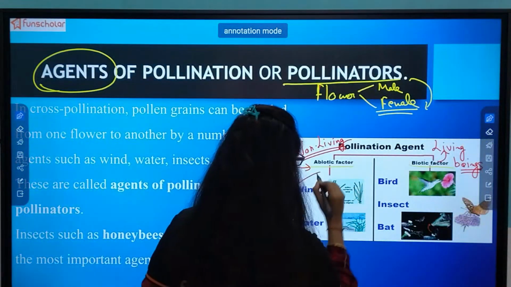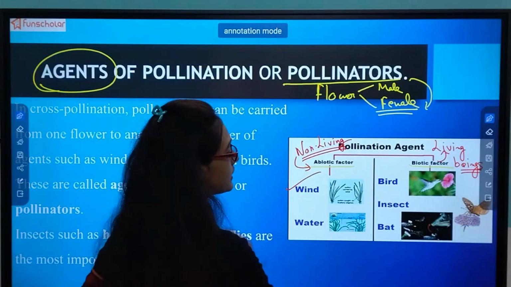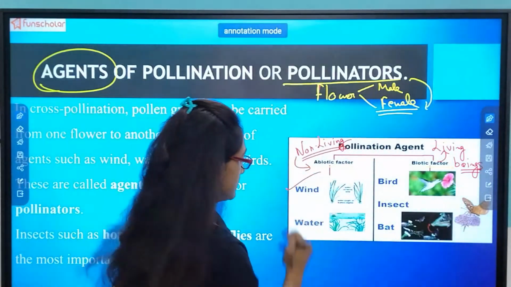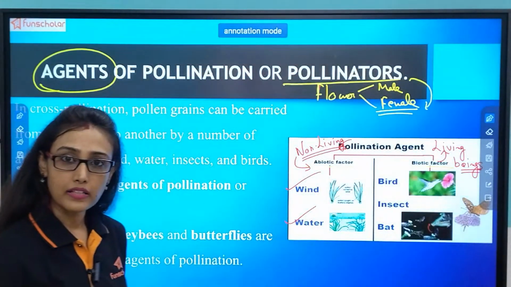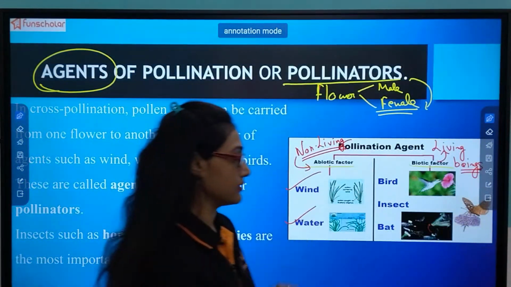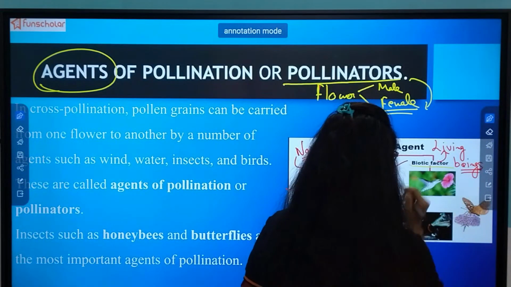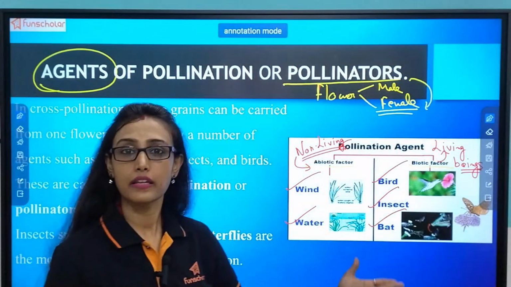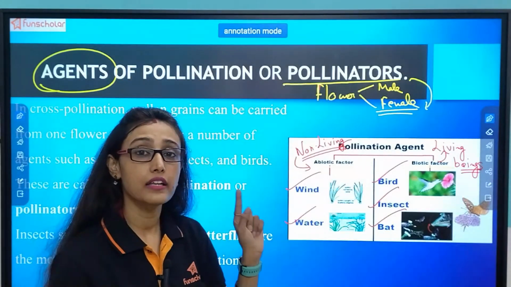Now, what can be the abiotic or non-living things? See, wind is non-living. When the wind blows, the pollen grains are carried from one plant to another. Water is another. Through water, the pollen grains are carried from one plant to another. Now, living beings, obviously, it has to be birds, it has to be insects, even bats do feed on nectar because all bats are not carnivorous.